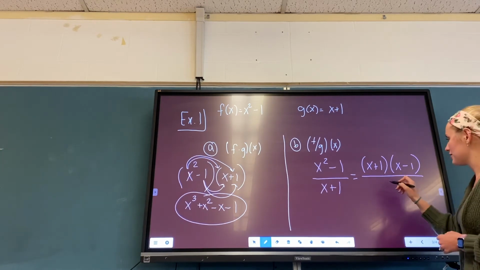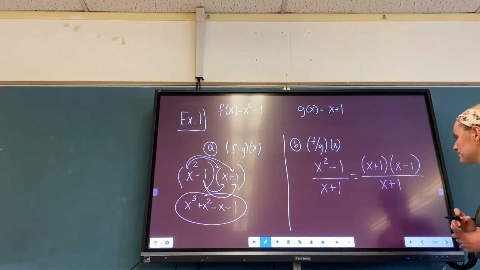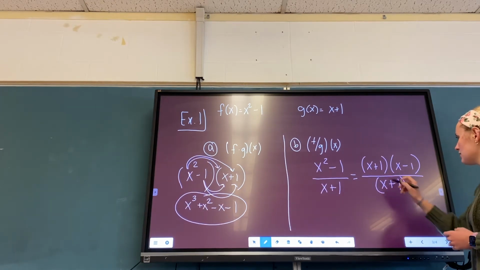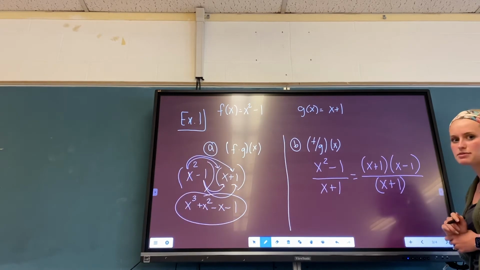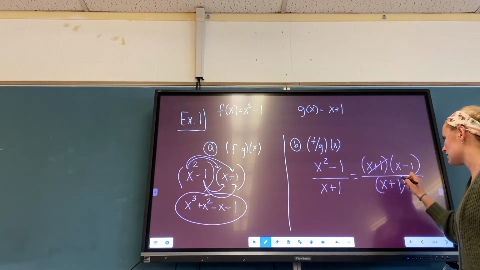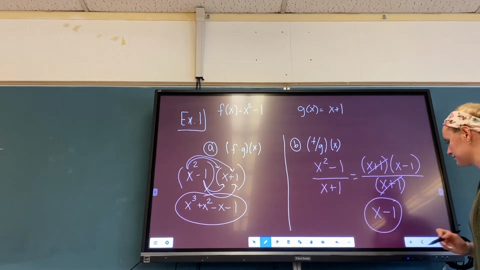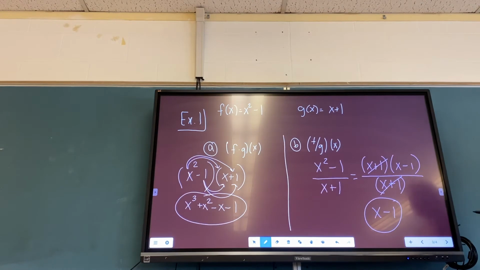You've probably heard of that before. And then our x plus 1 just stays at the bottom. Now we see we have x plus 1 on top and x plus 1 on the bottom. Anything divided by itself is 1, so we can cross those out, and our answer is just x minus 1. Next one.